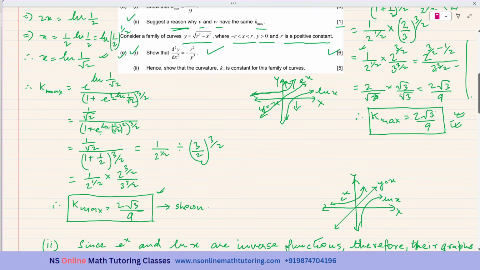Now, I have hence shown the second derivative. To show that the curvature k is constant for this family of curves, we have to bring in the expression for k of x. It is carrying 5 marks.